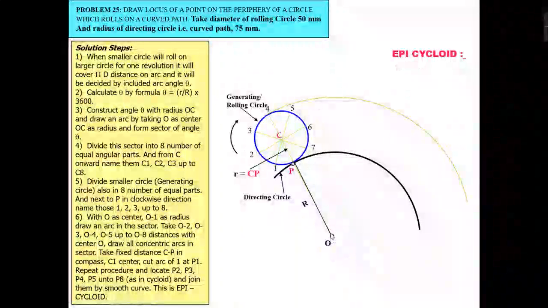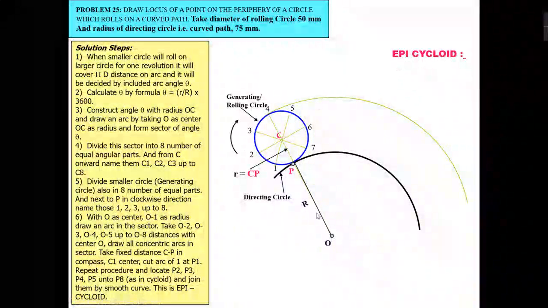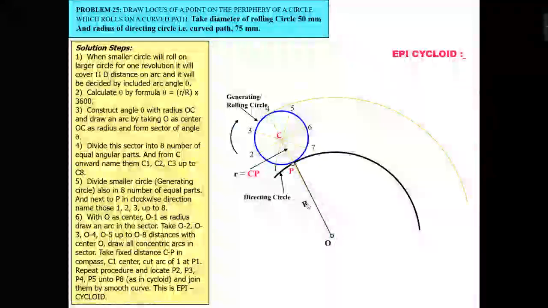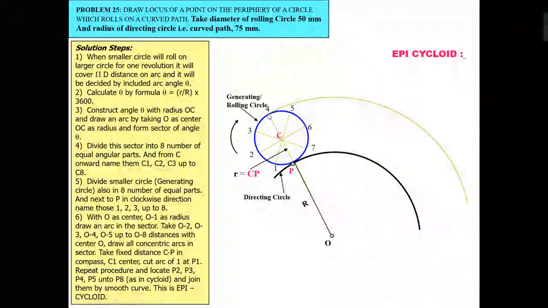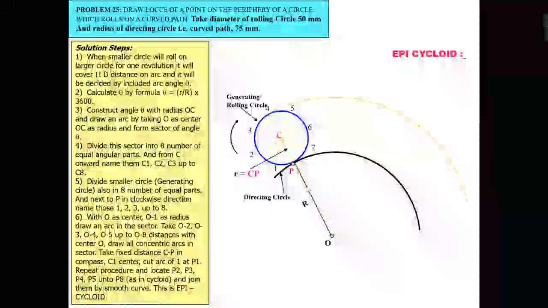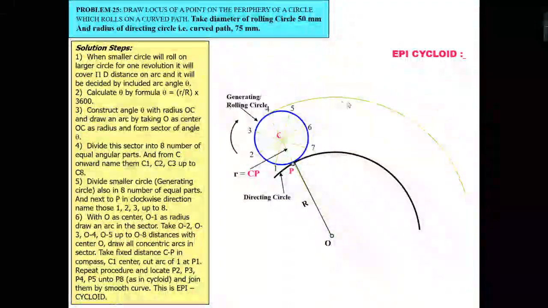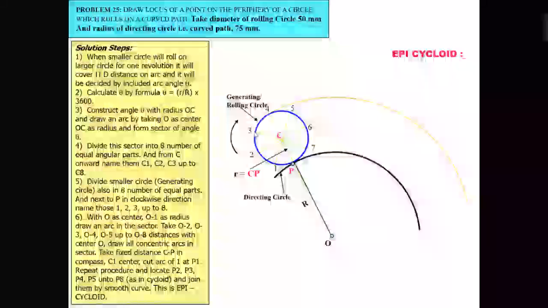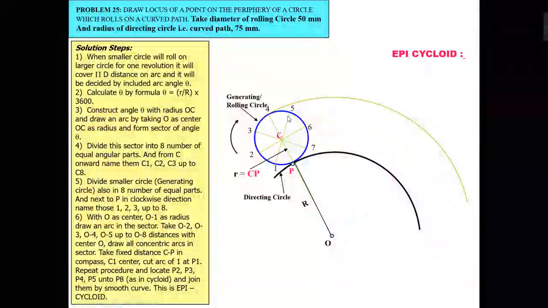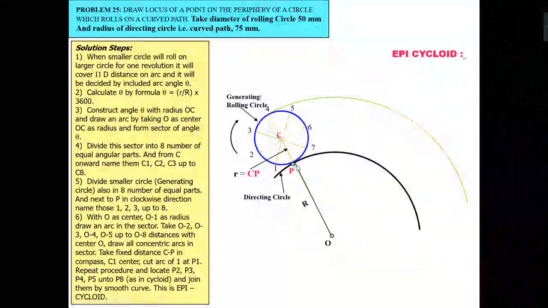So this is your center point O, this is your radius R plus diameter, means 175. You will take the radius of 175 and draw the arc. In a similar way you have to draw the arcs that will pass through 3 and 5, 2 and 6, and with center point 1 and 7.